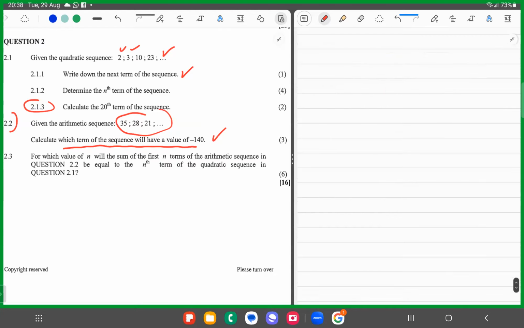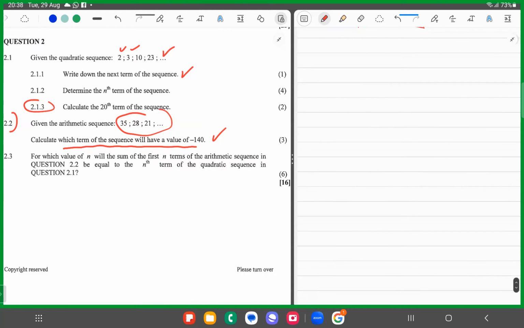2.3. Right, so you continue to look at 2.3. For which value of n will the sum of the first n terms of the arithmetic sequence in question 2.2 be equal to the nth term of the quadratic sequence in question 2.1?